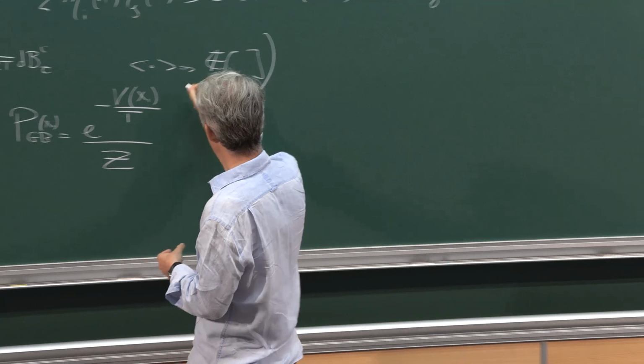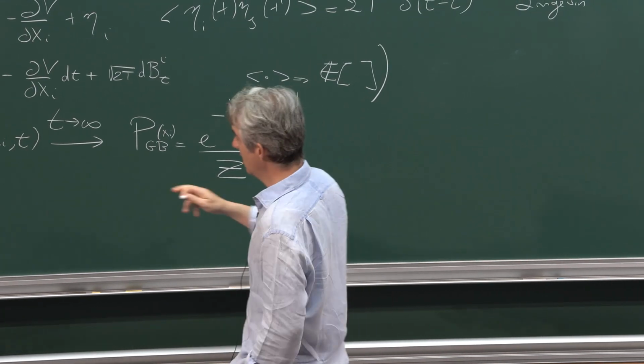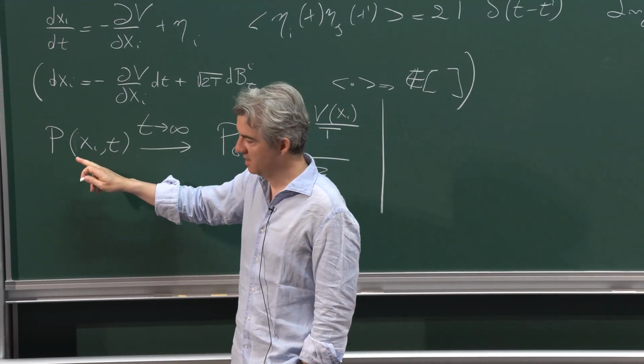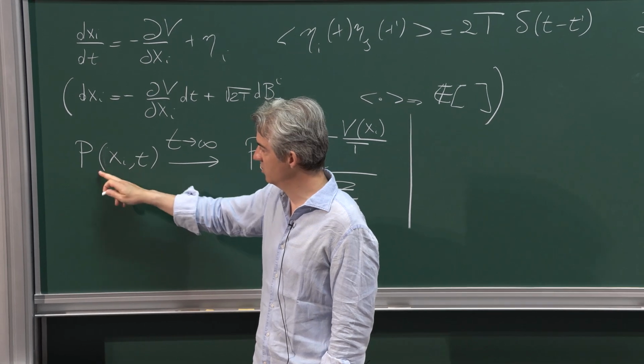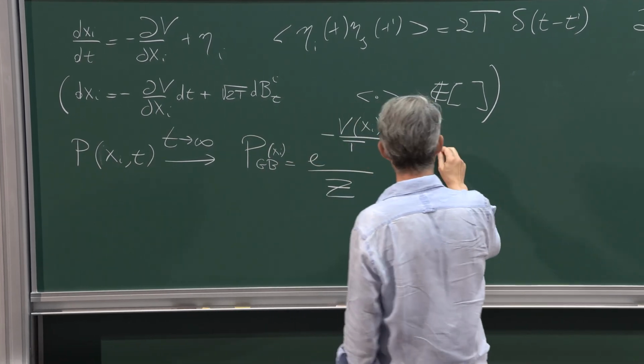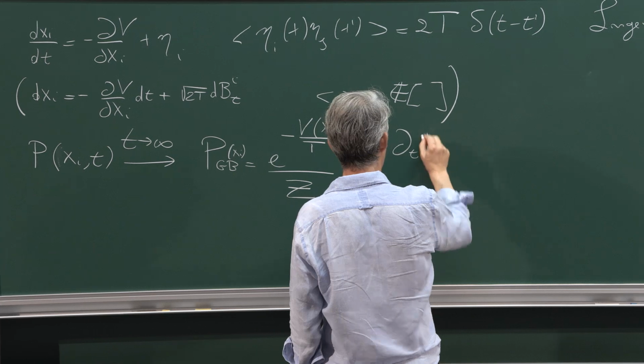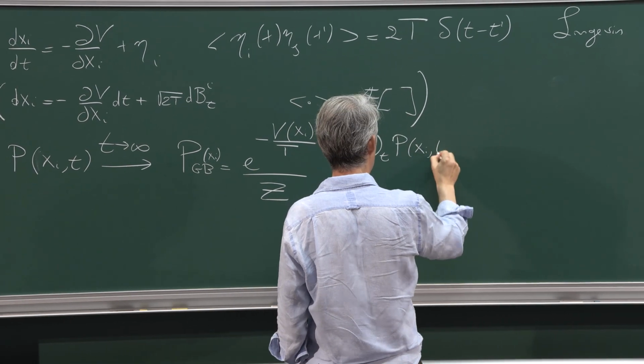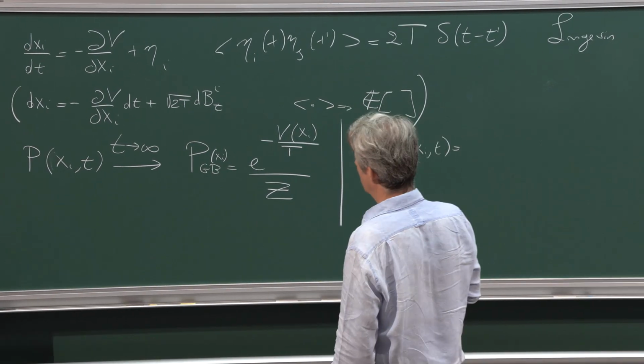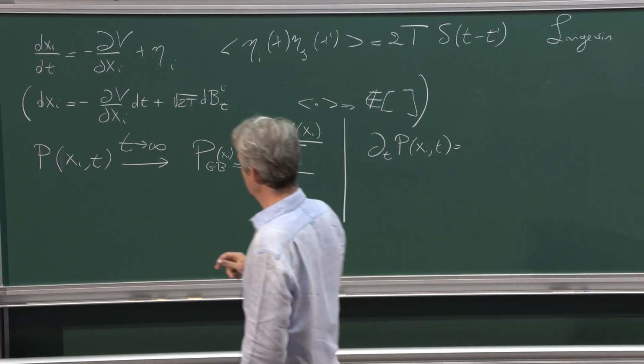And then the final thing that I'm going to use is that there is a PDE associated to the evolution of this probability law. And this PDE is the Fokker-Planck equation, which is dt of P(x_i, t) equal to, OK, let me do it in high dimension.